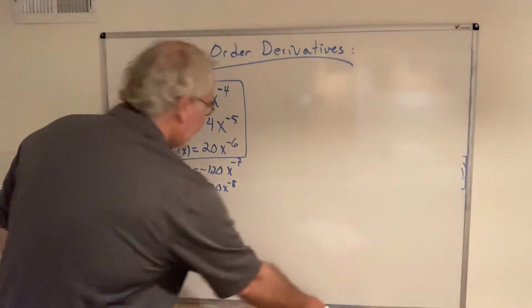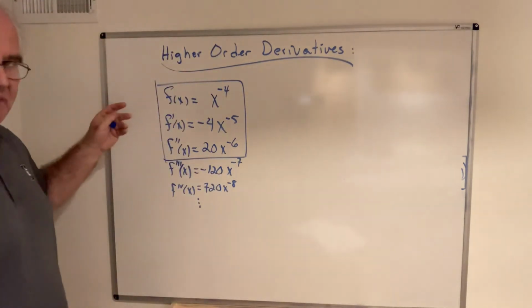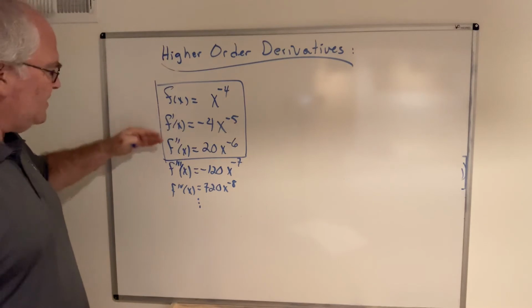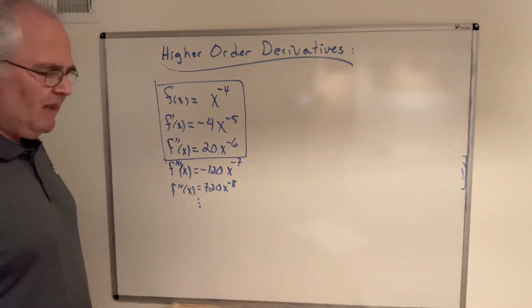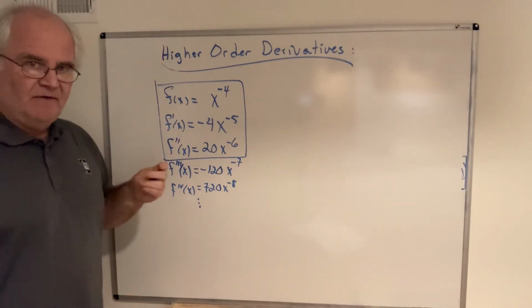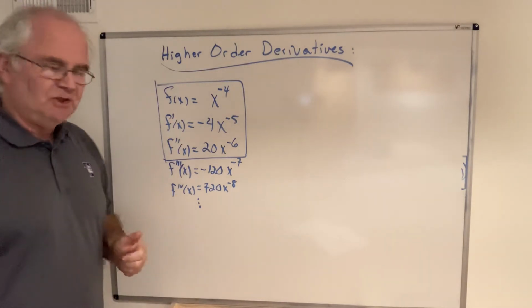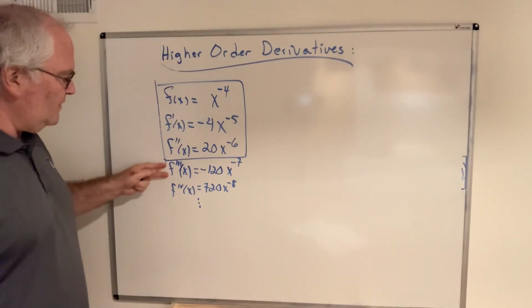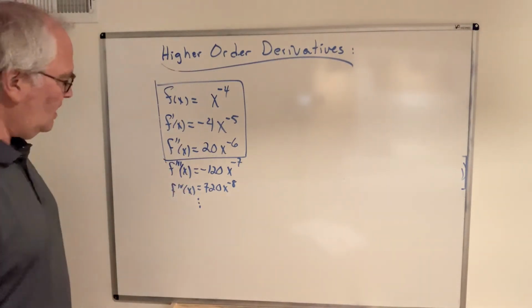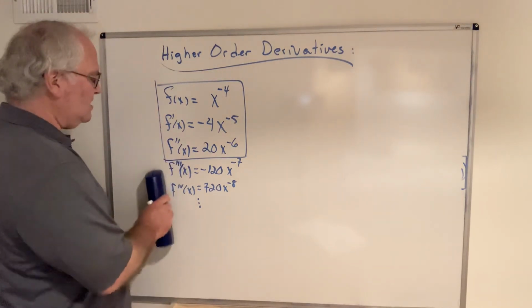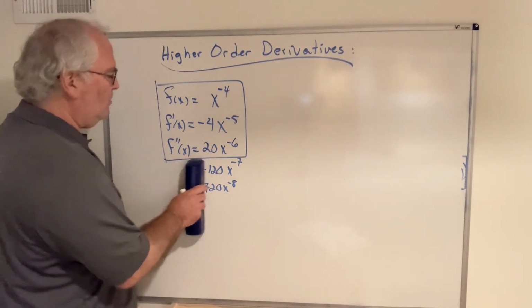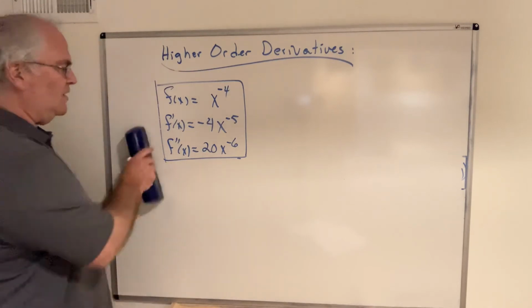All right? Most of what you do, for example, in physics deals only with the first and the second derivative. Some of you know already we have velocity and we have acceleration, and the third derivative is sometimes called the jerk. It's a concept in physics. Most of our work, we will limit ourselves to the first and second derivative.